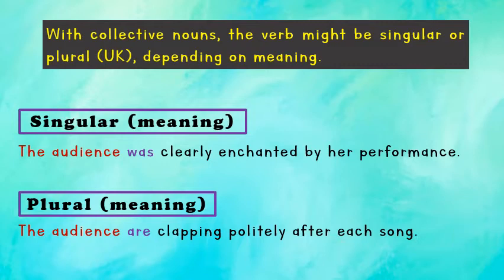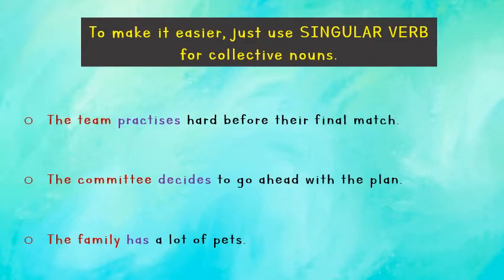Confusing kan? Sangat confusing. Habis tu nak guna macam mana? Nak guna was ke? Nak guna are? Kan? Singular or plural for the verb. So, what you can do, okay, to make it easier, nak senang, we just use singular verb.